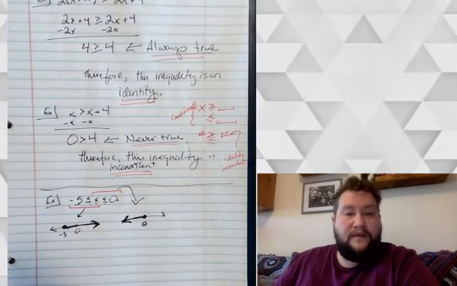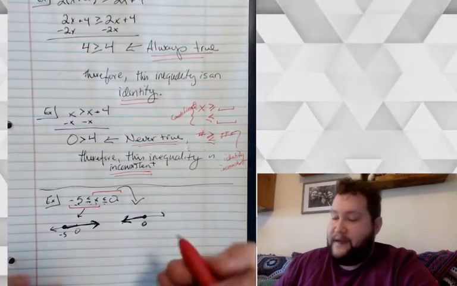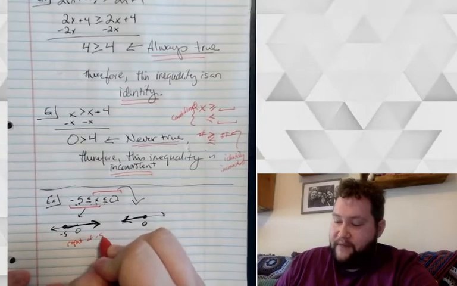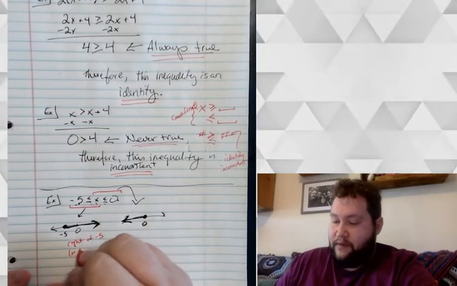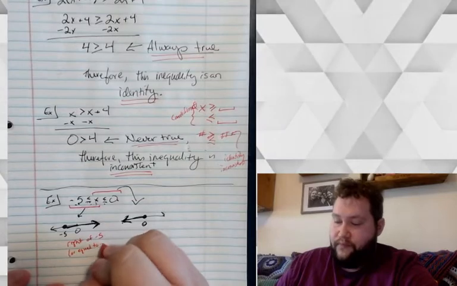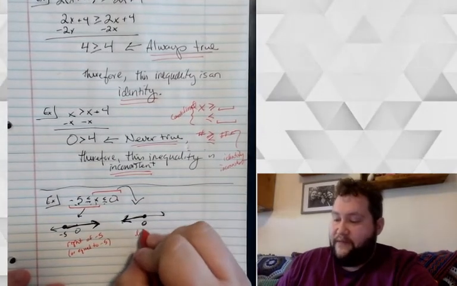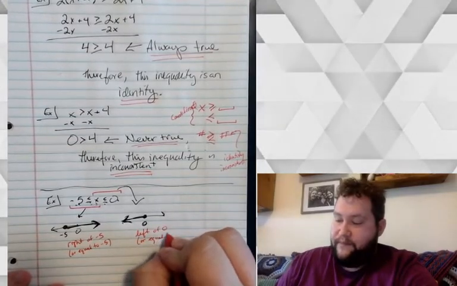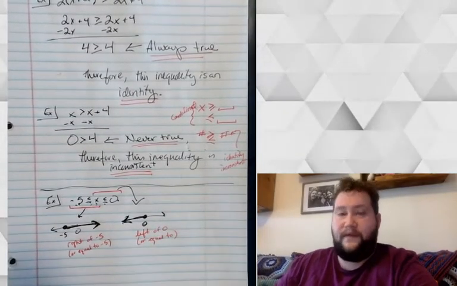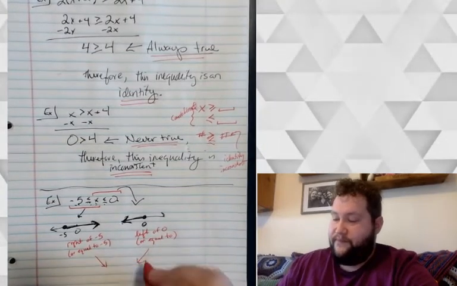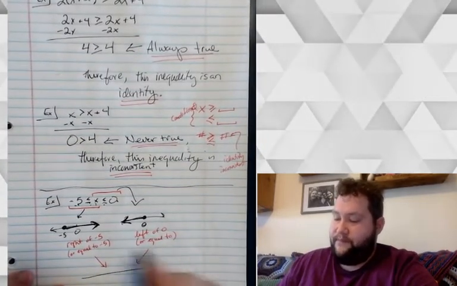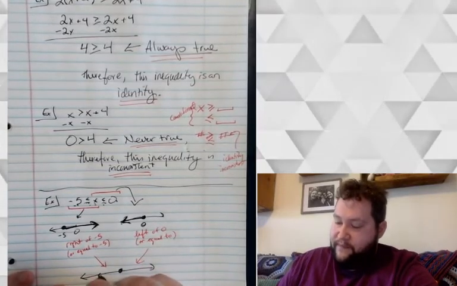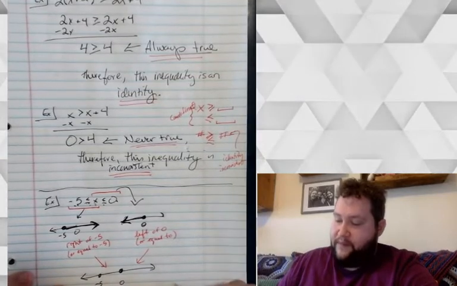And then what we need to do is put them together. So we need everything right of -5 or equal to. And here we need everything left of 0 or equal to. And so if I bring those back together, draw my number line, put our -5 and our 0.